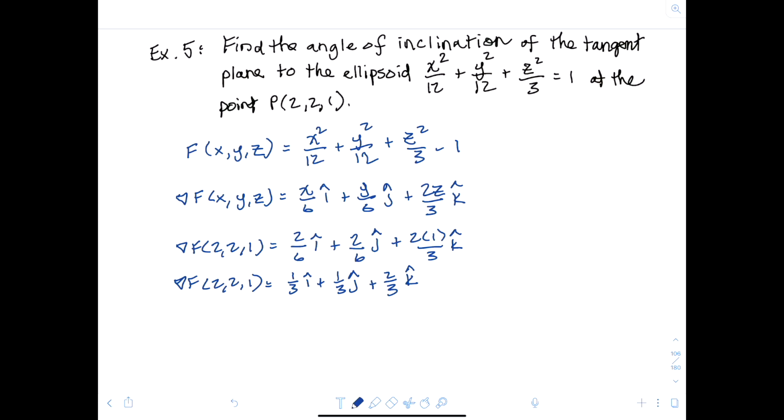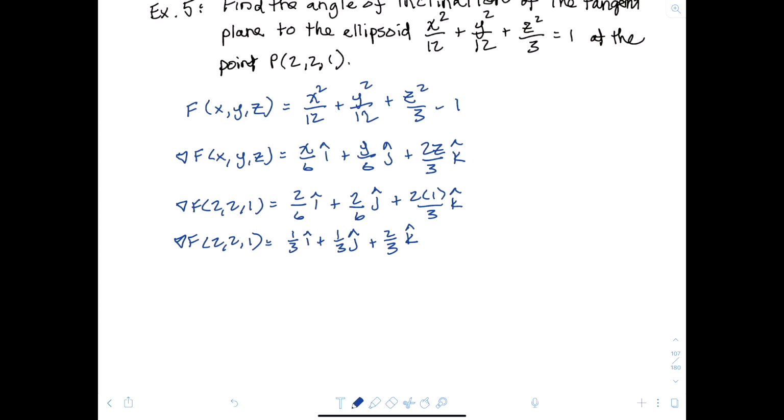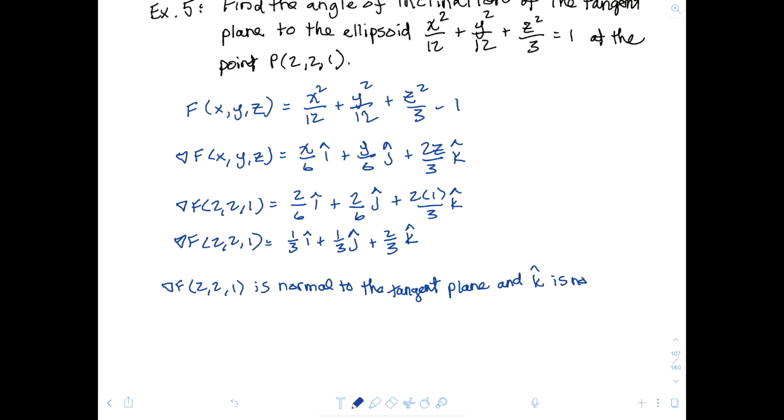All right, so then del f at 2, 2, 1 is normal to the tangent plane and k is normal to the xy plane.